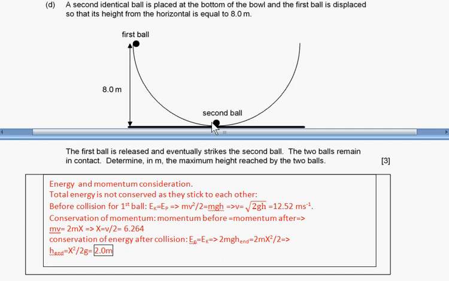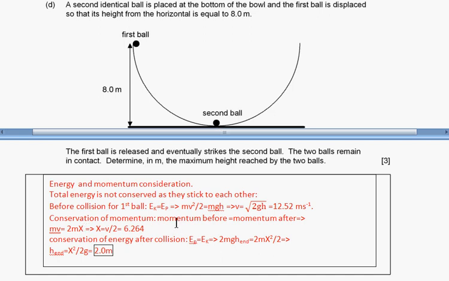Now they strike and they move together. Remember, if they stick and move together, kinetic energy is not conserved. Part of the energy here turns into heat, into deformation. But what is conserved? Total momentum. This is why we write the expression for total momentum before the strike and total momentum after the strike.